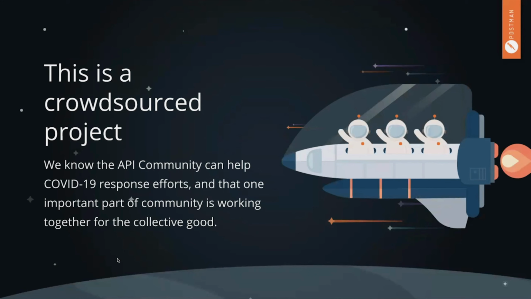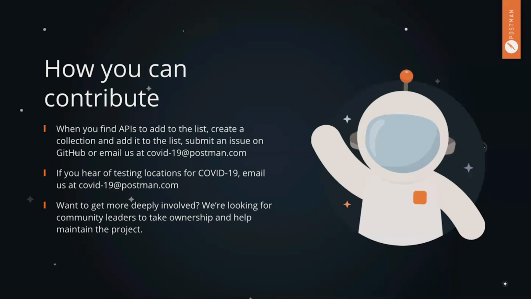So this project is crowdsourced. While we started it off as a Postman team, this is something that our community is already contributing to a bunch. And the main point of it is working together as an API community to work for the common good. There are a couple ways to contribute to this project. We'll walk through the technical details a little bit after this.